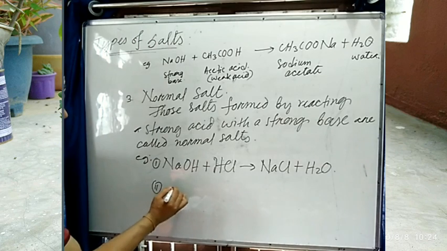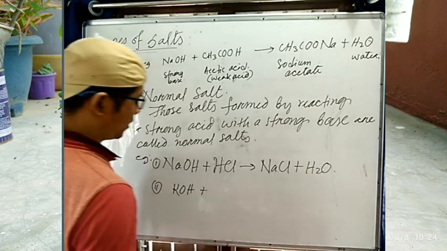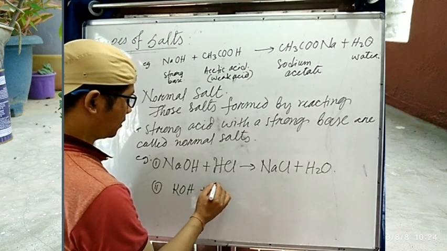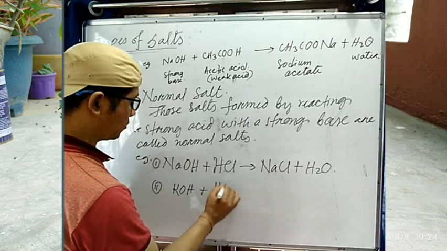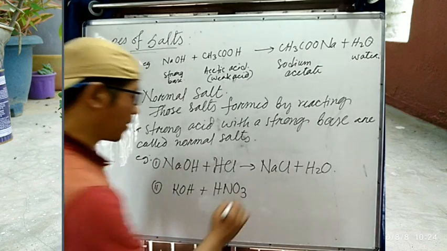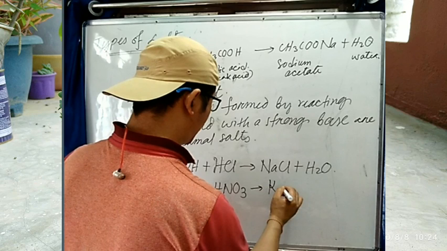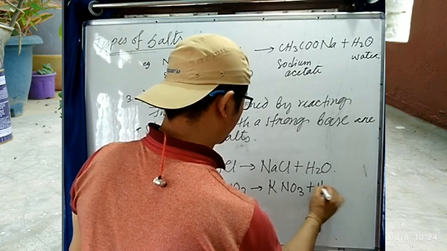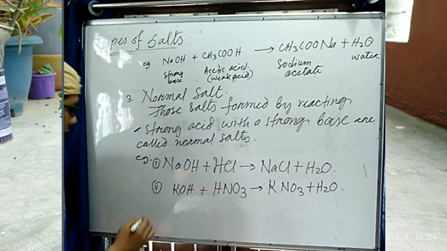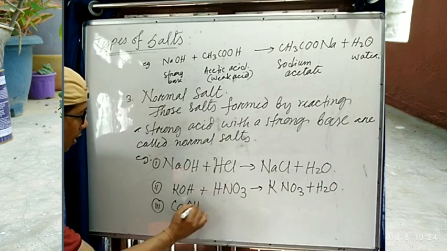You can take potassium hydroxide plus another acid, HNO3, that is nitric acid, and here it will form potassium nitrate, KNO3, plus water, H2O. And you can take another example, say calcium hydroxide.